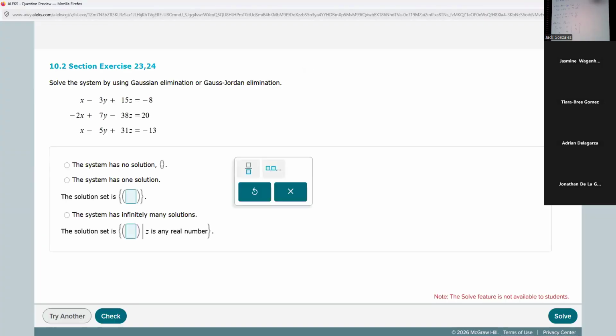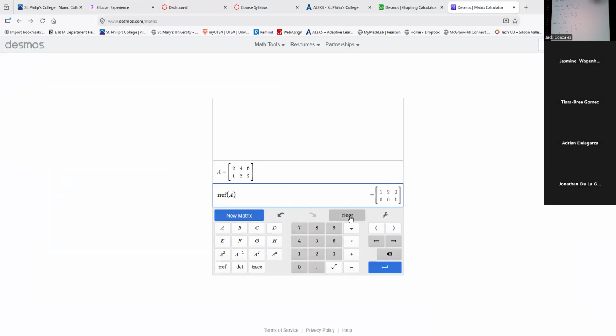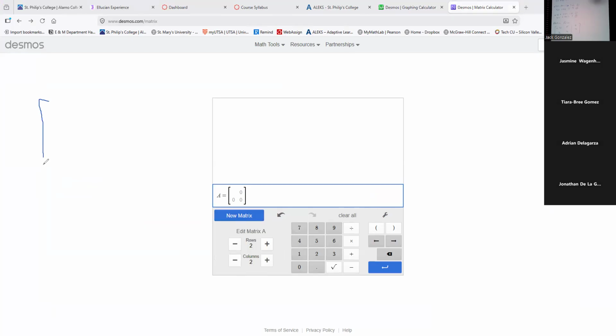Now this one is even more work, so let's just punch this into our calculator. Let's switch to calculator. Okay, new matrix. Let me change it into matrix form for you right here.